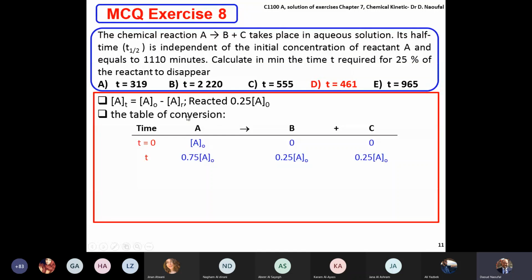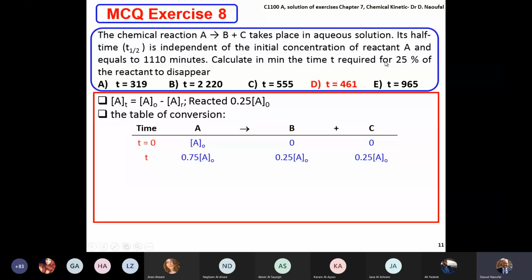I write a table: A gives B plus C. I put all concentrations of A, B, and C at the given times. So at T equals 0, I will suppose that the concentration of A is A0, 0 for B, and 0 for C. He asked to calculate the time T, so this time is unknown, required for 25% of A to disappear.